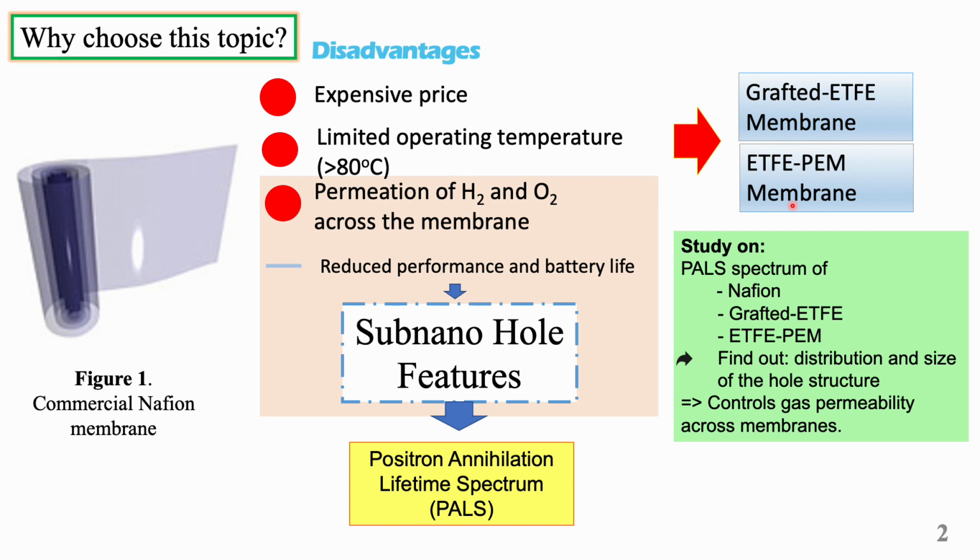So we will study the PALS spectrum of Nafion, grafted ETFE, and ETFE PEM to find out the distribution and size of the hole structure, so we can control gas permeability across membranes.